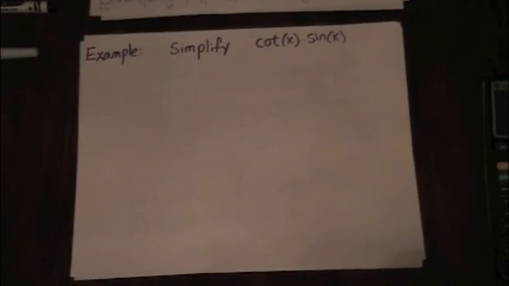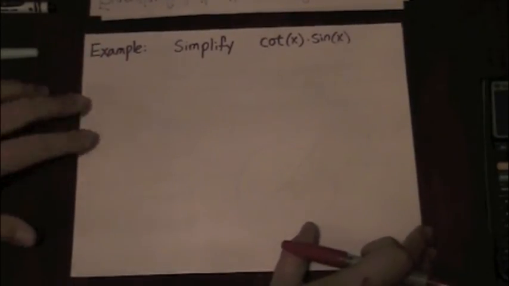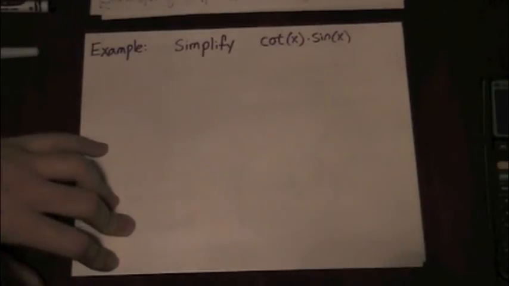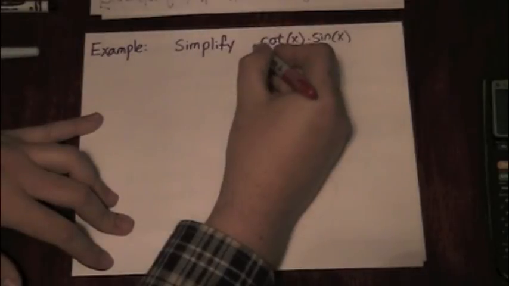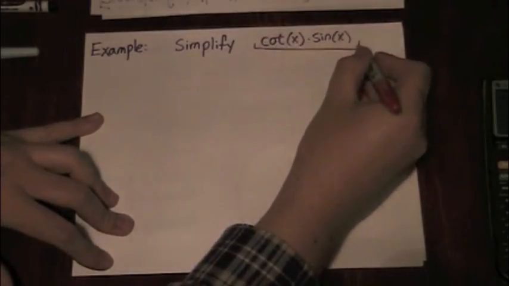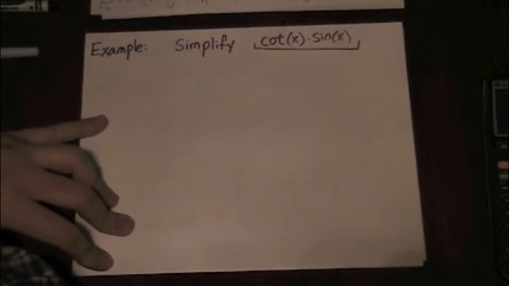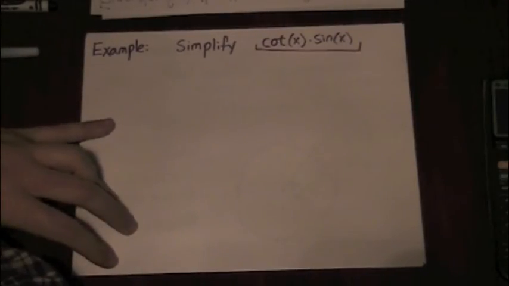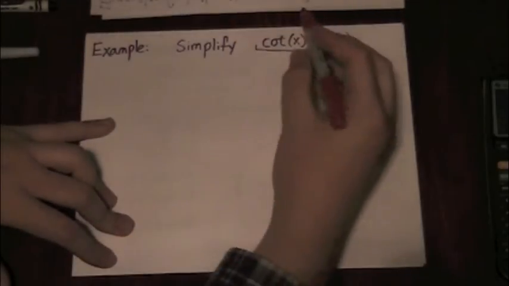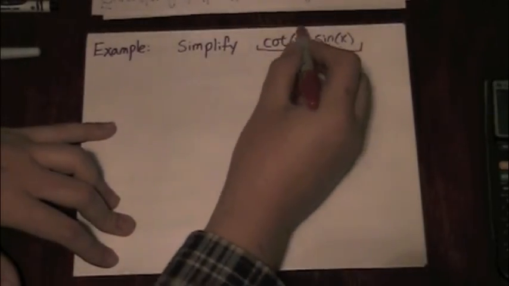A second example that's more algebraic than numeric is going to be based on simplifying a trigonometric expression. If I have an expression that's written with two trig functions, in this case cotangent and sine, sometimes it's possible to simplify them into one. The first thing I might do is take a look at cotangent.